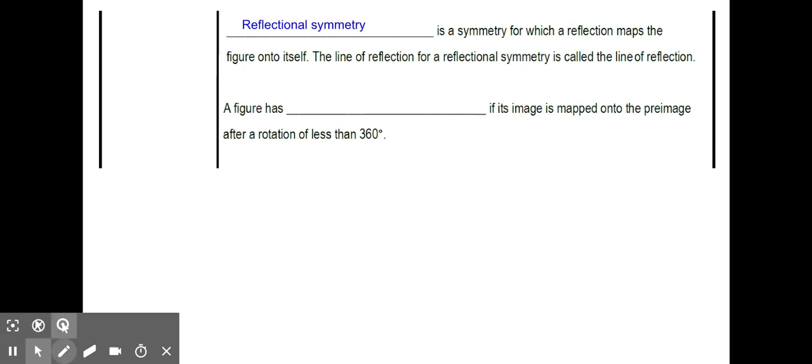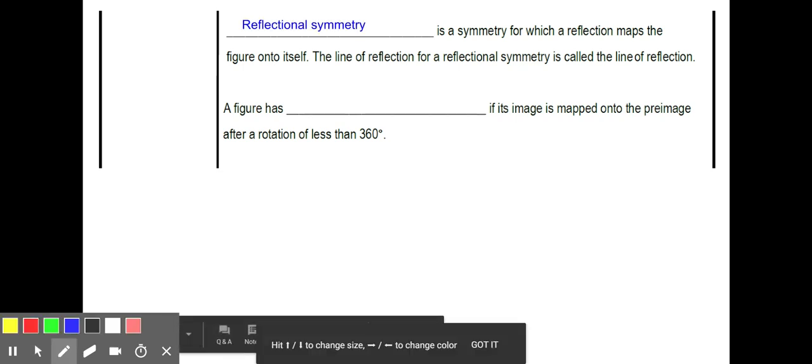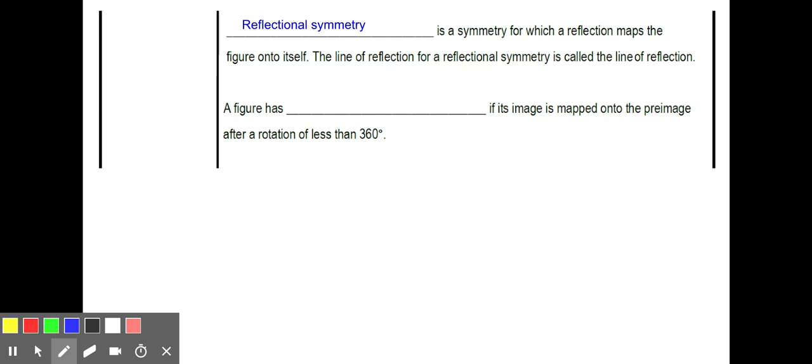Okay, so here we have reflectional symmetry. Reflectional symmetry is a symmetry for which a reflection maps the figure upon itself. And reflectional symmetry has a line of reflection.